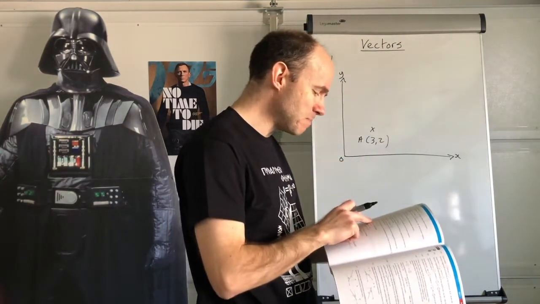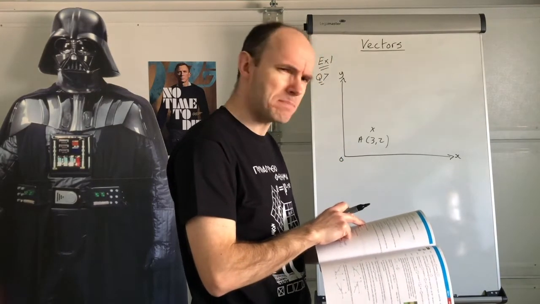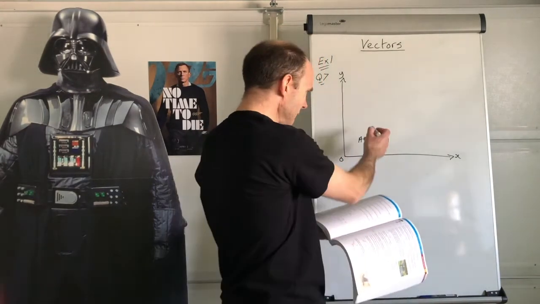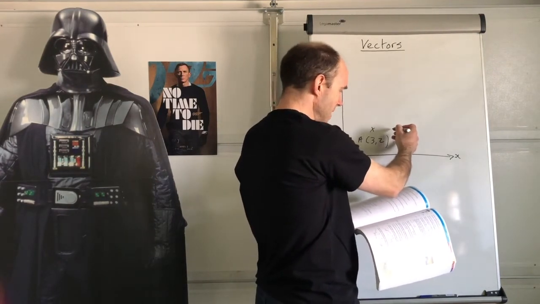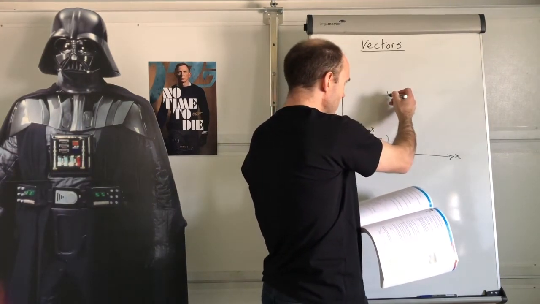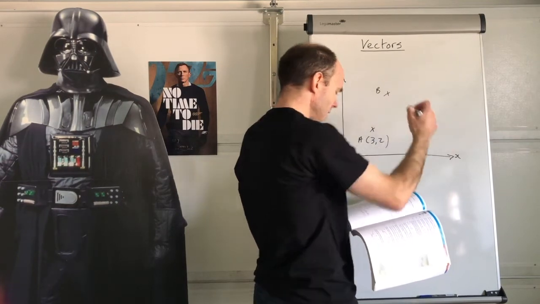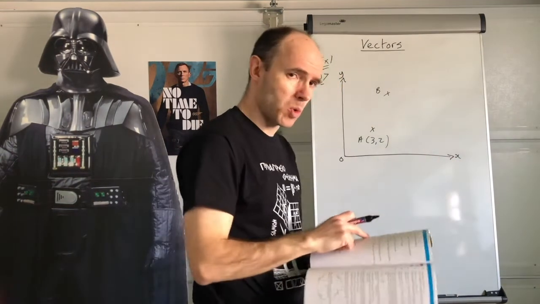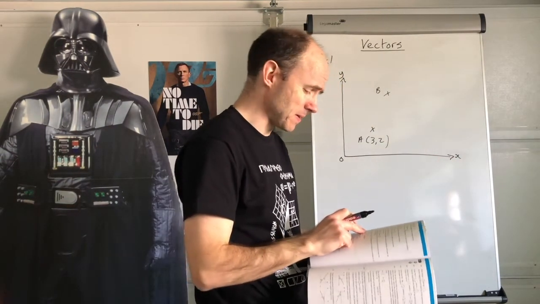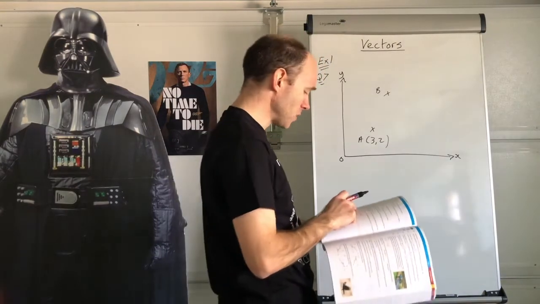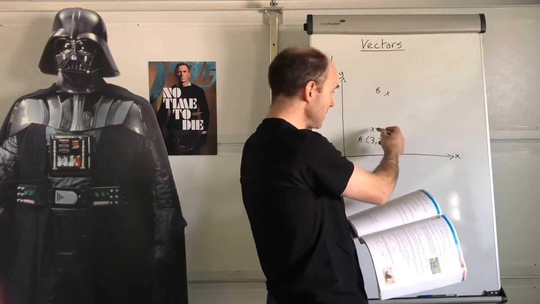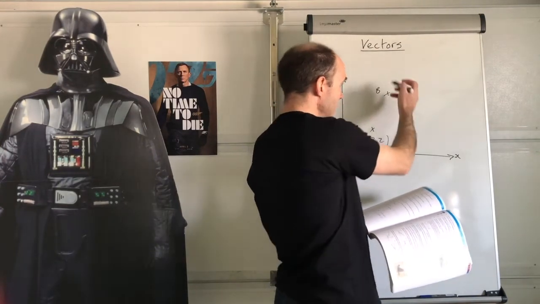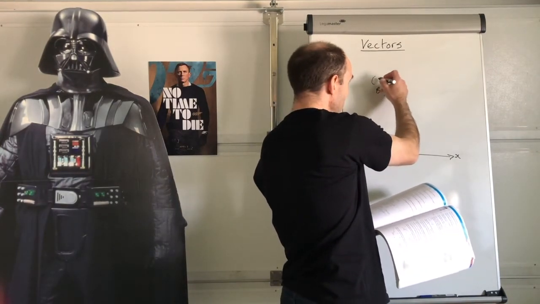It tells us that AB is 2, 3. What that means is from A to B, it's going to be 2 units to the right and 3 units upwards, isn't it? So I'm going to put B there. Can you work out the coordinates of point B from that? Yes you can, because if A is 3, 2 and AB is 2, 3, so 2 towards the right, the x coordinate will be 5.